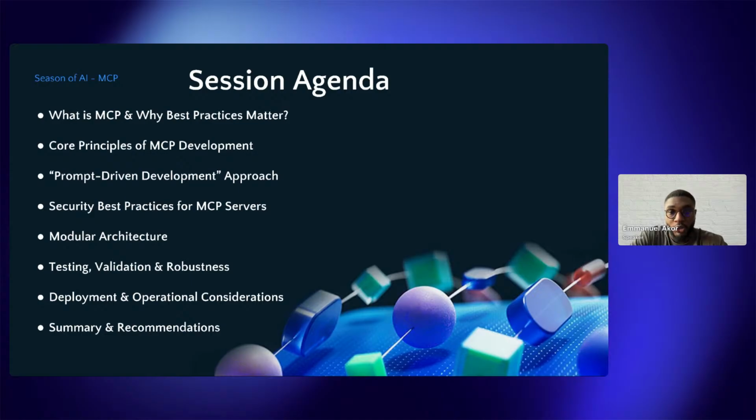Then modular architecture, how we break our architectures into modules rather than building our MCP in a monolithic architecture. Then also testing and validation and robustness of our MCP. Then development and operational considerations. We don't want to build an MCP on our machine and say, oh, it's working on my laptop, but when I deploy it to the cloud, it's not working. We'll look at that. We'll also look at the summary and recommendations. All right, so let's get started.